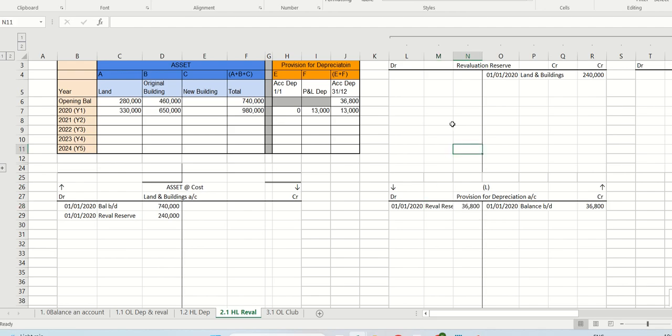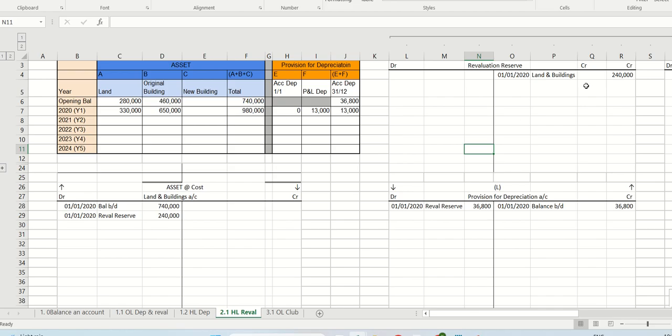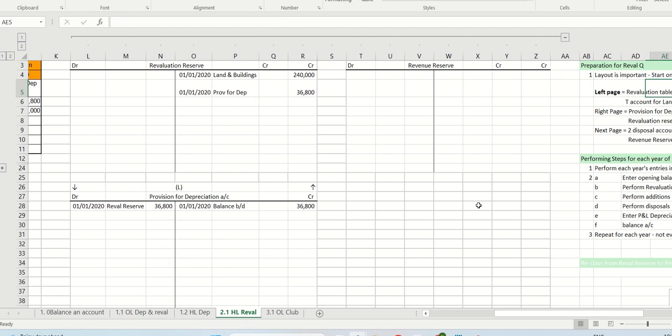We always put in the name of the other account. So the name of the other account, and it's 36,800. So we're debiting provision for depreciation and we're crediting revaluation reserve. 1st of the 1st, 2020.